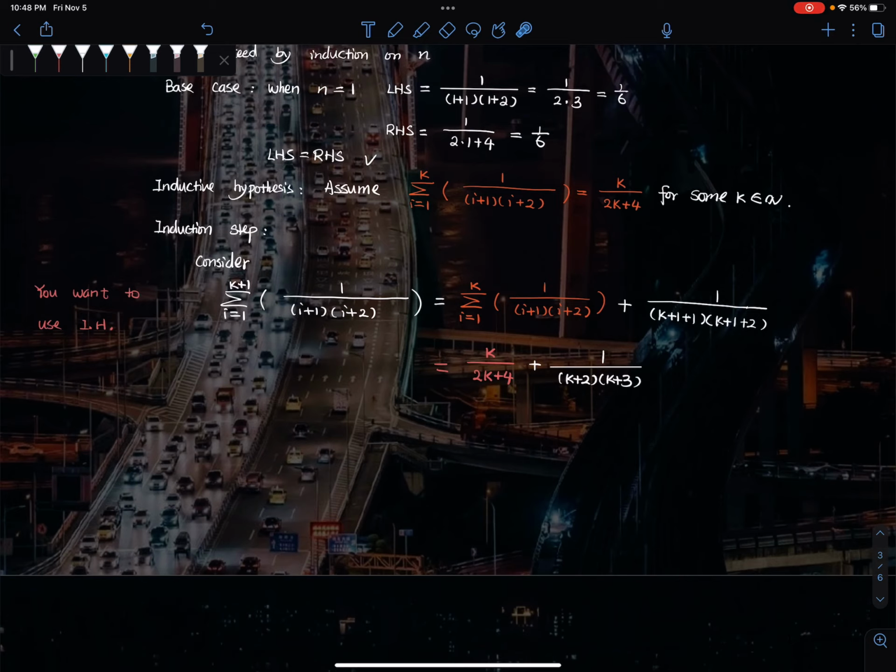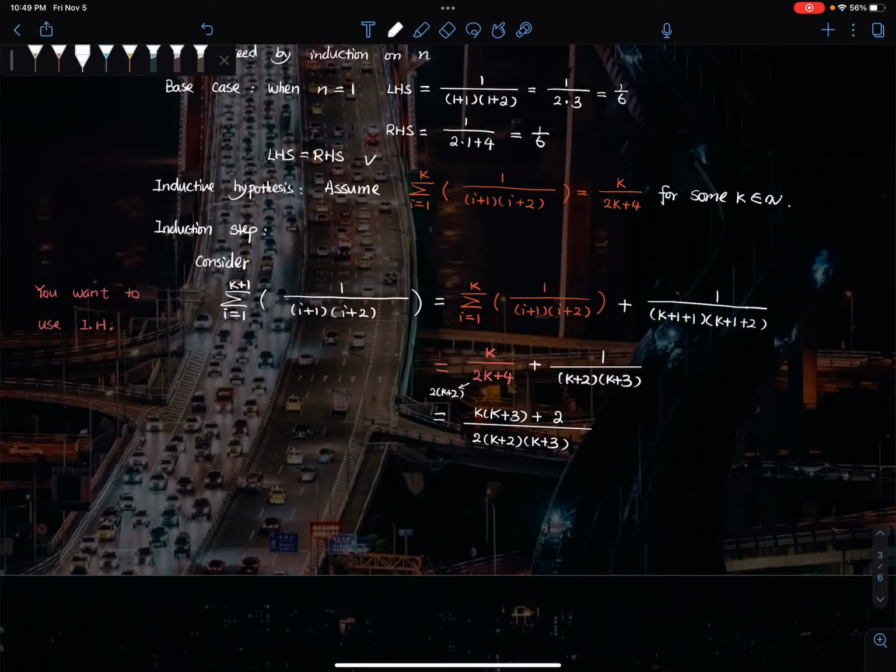So what I'm going to do is take a common denominator. So, common denominator, this is what? This is also 2 times (k plus 2), right? So the common denominator is going to be 2 times (k plus 2) times (k plus 3), and on top you have k times (k plus 3) plus 2.